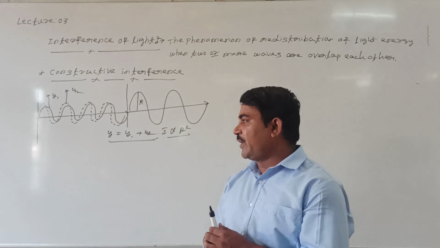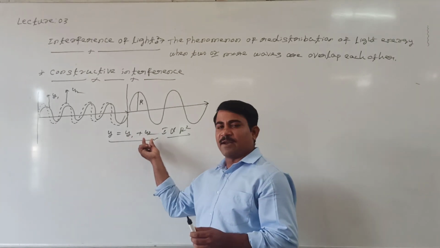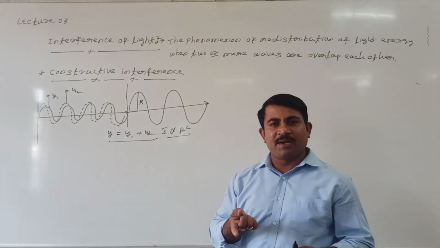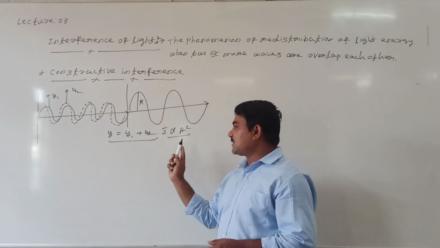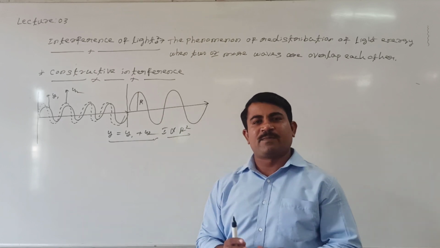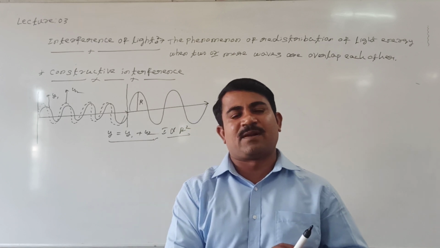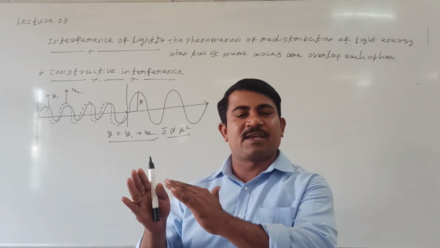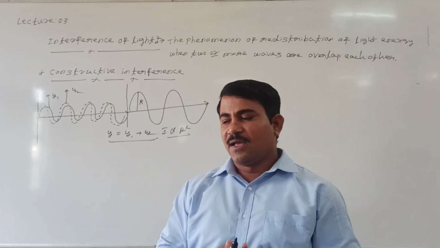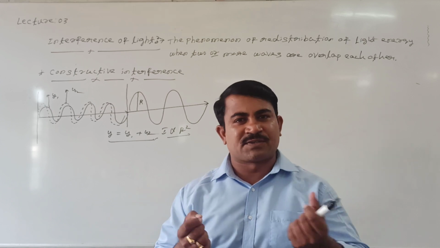During constructive interference, the resultant displacement of the wave is added according to the superposition principle, and there is maximum intensity along with maximum amplitude, and brightness is possible. Later we will see the condition for constructive interference.